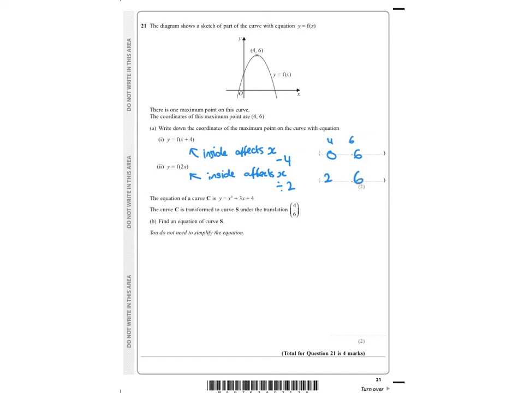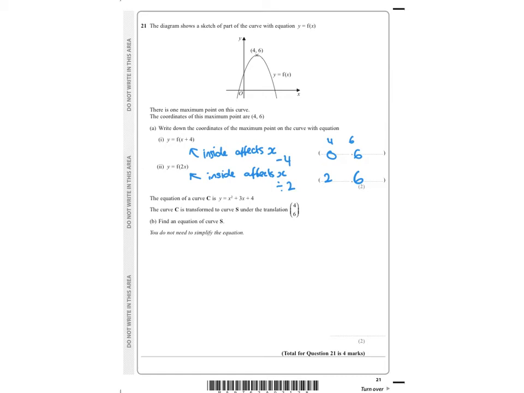Now, for the second part of the question, what have we actually done here? The equation of a curve C is y equals x squared plus 3x plus 4. The curve C is transformed to the curve S under the translation (4, 6).